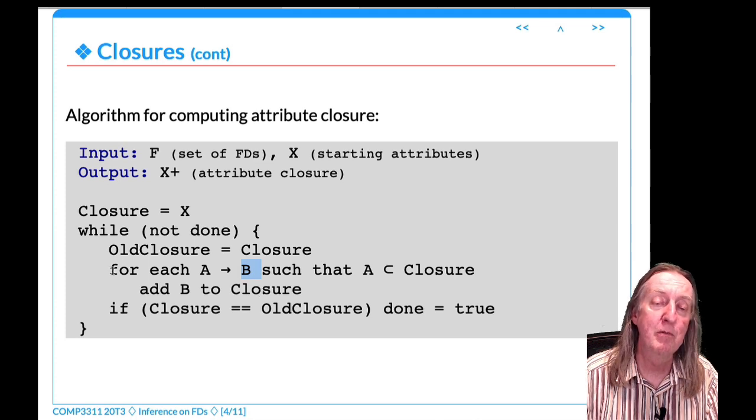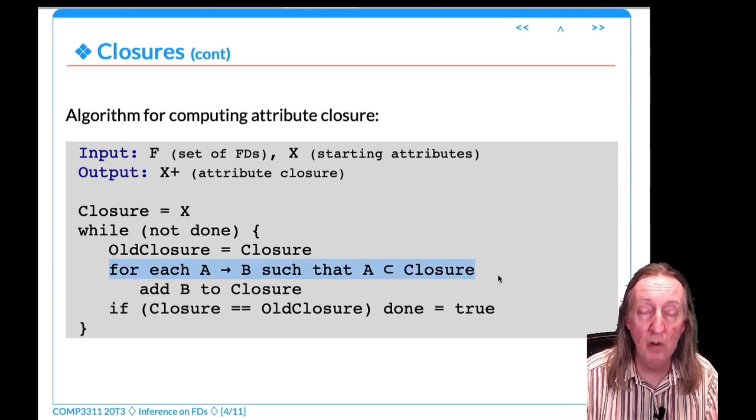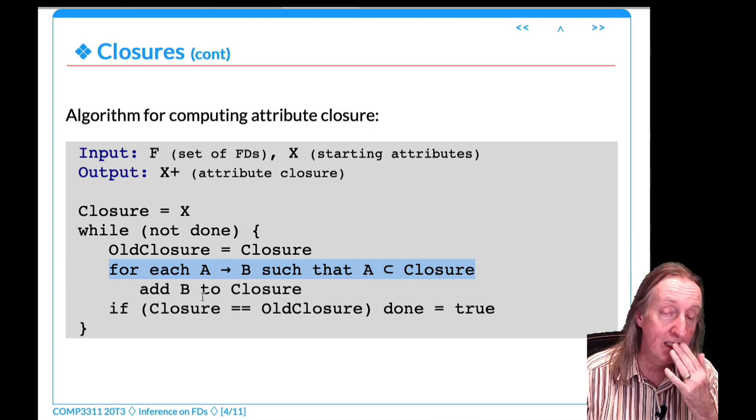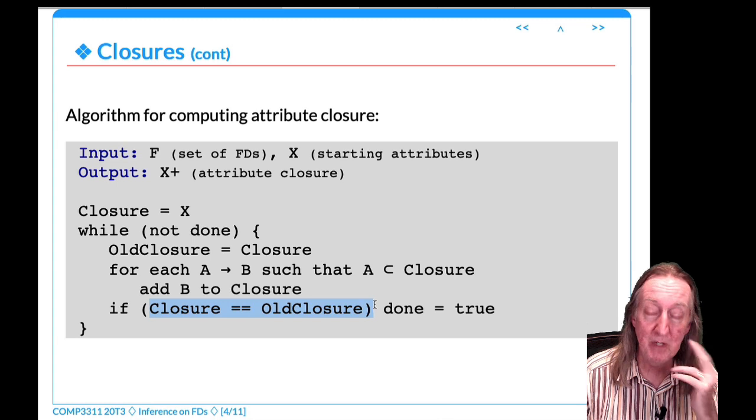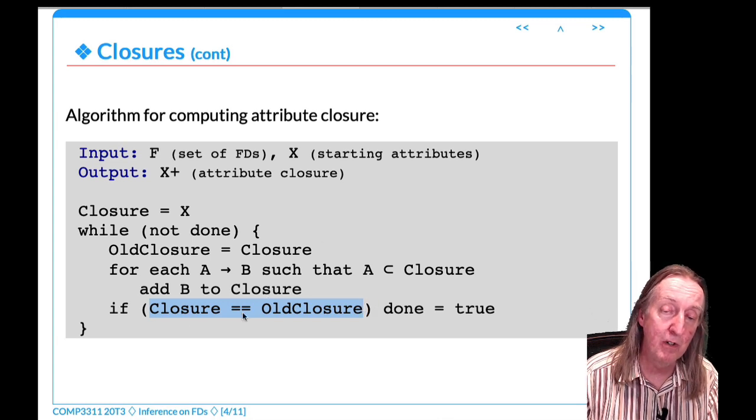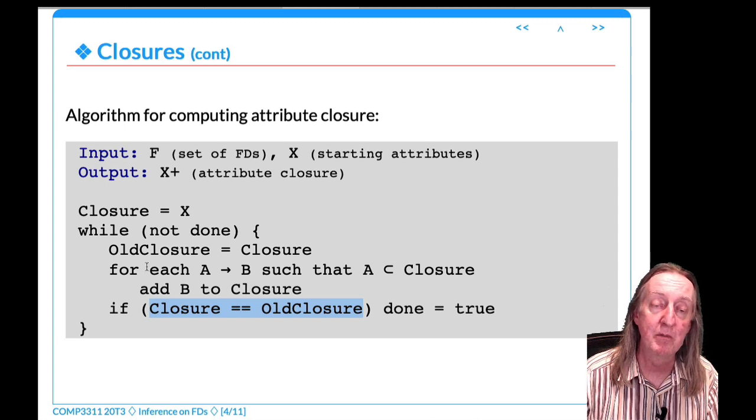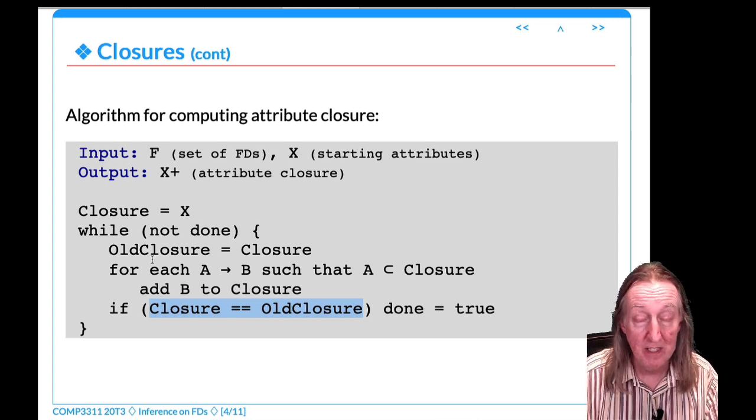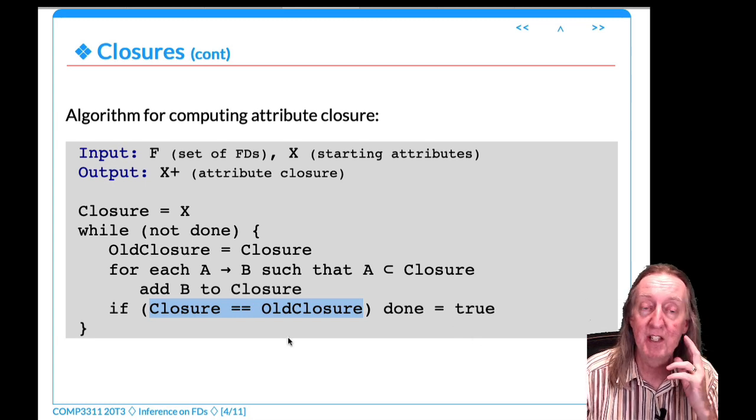All right, and if we run through, we do this for all of the functional dependencies, then we're going to increase the size of the closure. If it turns out that going through all of the dependencies, we don't add anything else, so the closure that we derive from this is the same as the closure when we started, then we know that we're done. So we can set done to true, and the while loop will terminate.